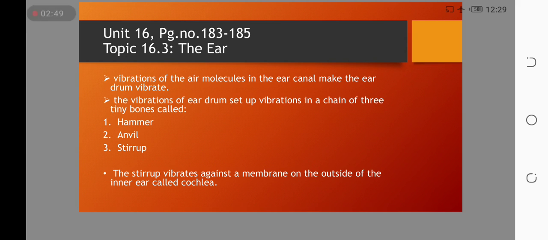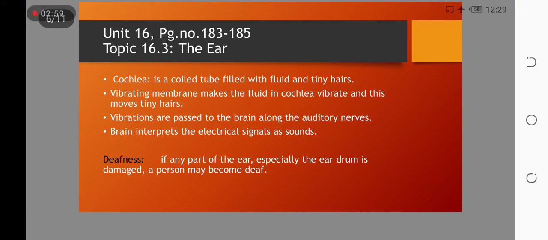What is the cochlea? A cochlea is a coiled tube filled with fluid and tiny hairs. This vibrating membrane makes the fluid in the cochlea vibrate, and this moves the tiny hairs present in the cochlea.